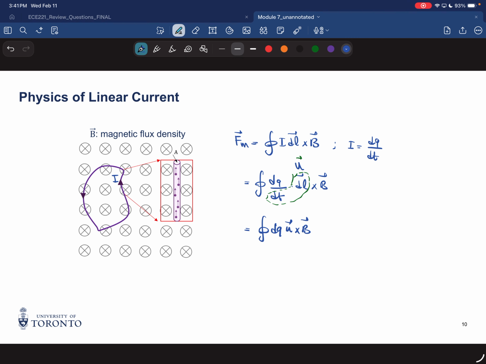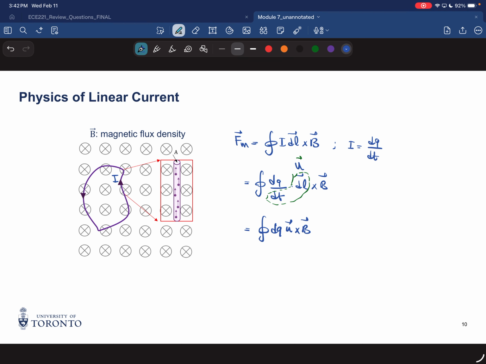Why is it dl over dt du? Velocity is defined as dl over dt, right? You don't need a du for it. Oh wait, it's like a unit vector. I don't think you would need that. But think of it as small.